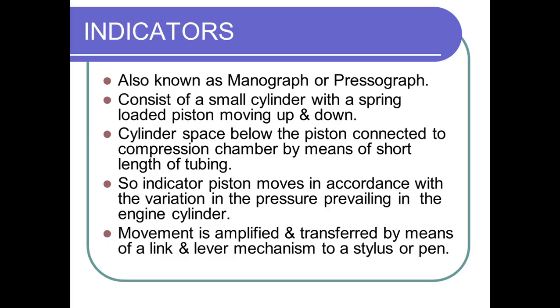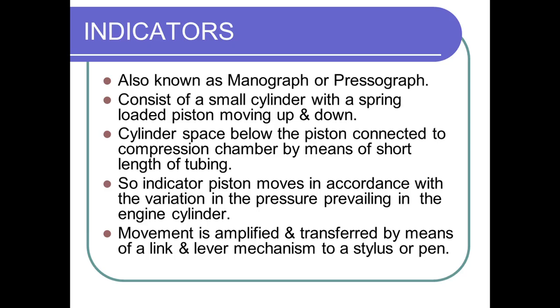When we talk about indicators, they have two names, also known as monograph or pressograph. An indicator consists of a small cylinder with a spring loaded piston moving up and down. The cylinder space below the piston is connected to the compression chamber by a short length of tubing.